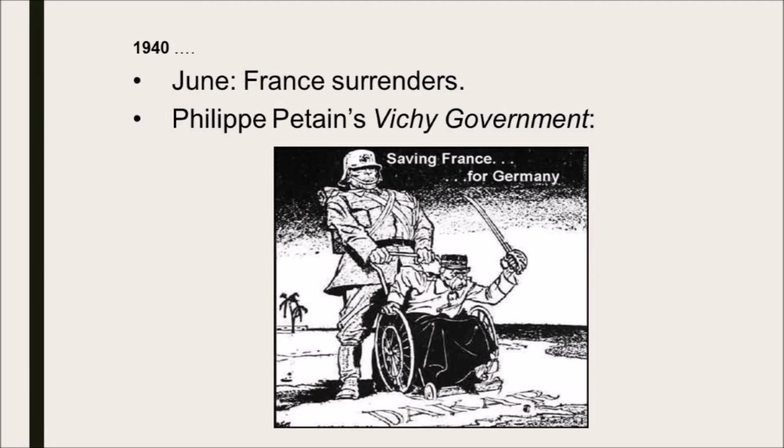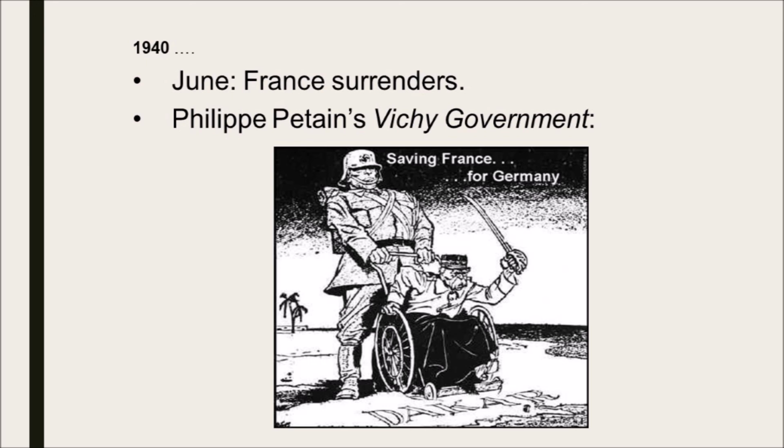Well, we're going to have by June of 1940 France surrendering, as you have Hitler attacking from the north, and you have his ally Benito Mussolini's Italy attacking from the south, and now France is going to surrender. And you call the puppet government that is put in by the Nazis the Vichy government.